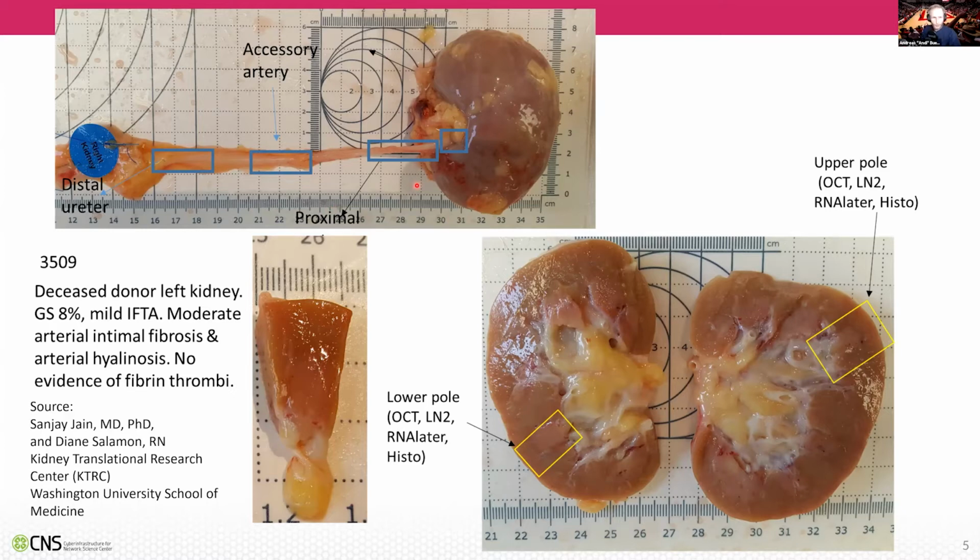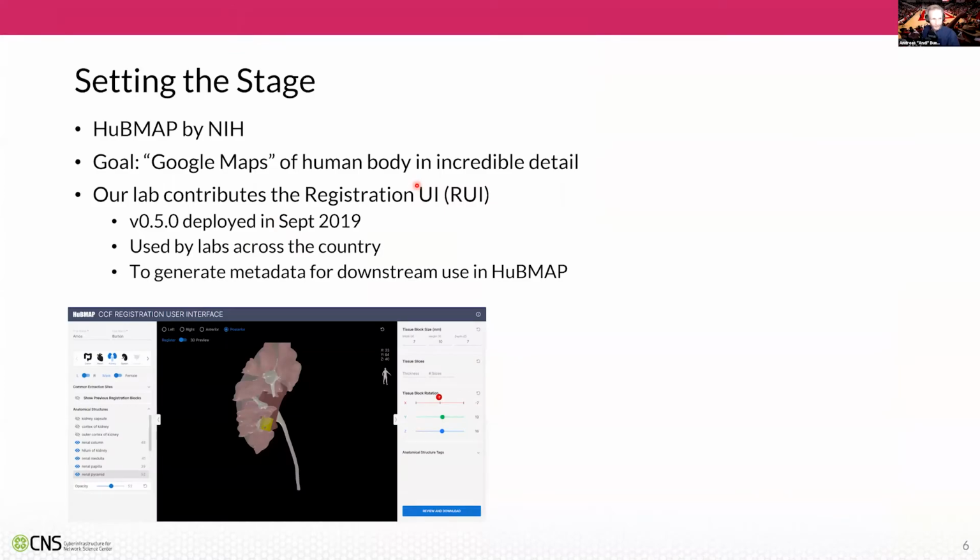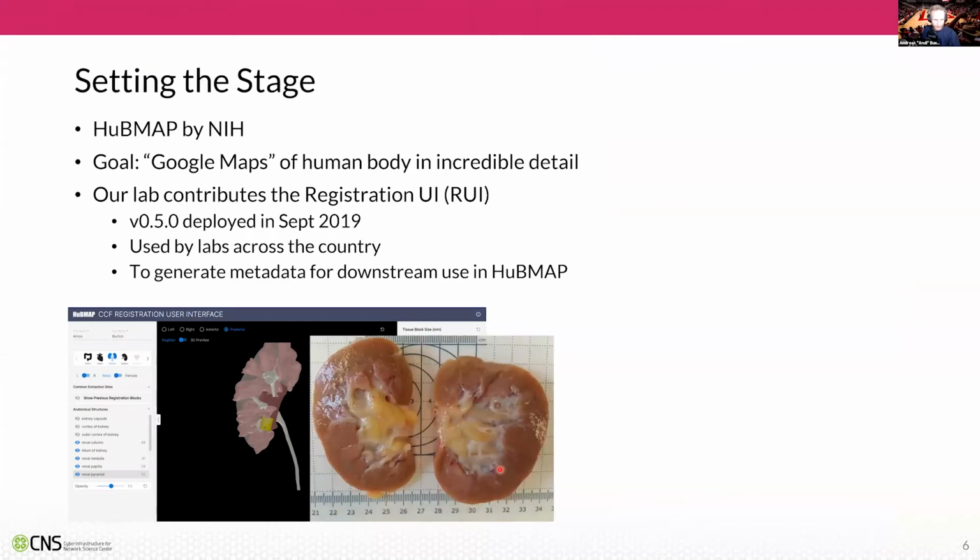The RUI works on digitizing this step. Here on the bottom left, you see a registration step for the human kidney, in this case the male left kidney. And on the right side, you're going to see a bisected kidney. If you wanted to register a piece from down here in the kidney, it would look something like this if we replicated that in the RUI.